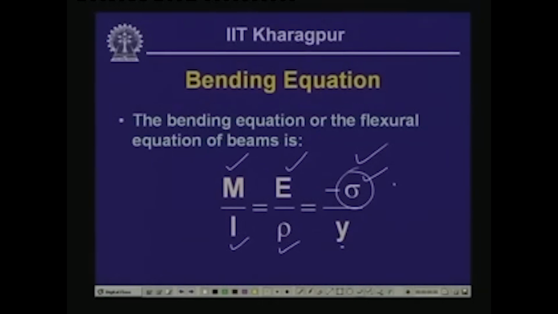So, from this we can write the relationship M by I is equal to minus sigma by y, or sigma is equal to minus My by I. Now, if you remember, we had considered bending in a beam.